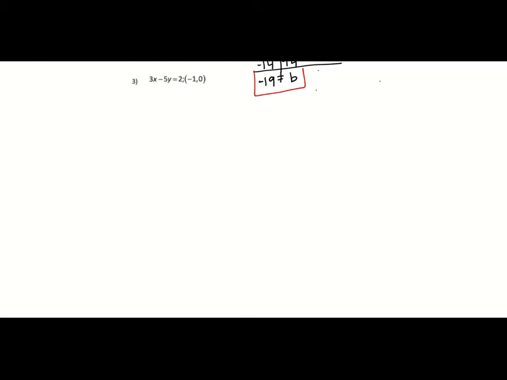This time, my original equation right here is not solved for y. So I first need to solve that equation for y. So I'm going to rewrite it over here. 3x minus 5y equals 2. Remember, when we get y by itself, we need to get rid of everything else away from y.